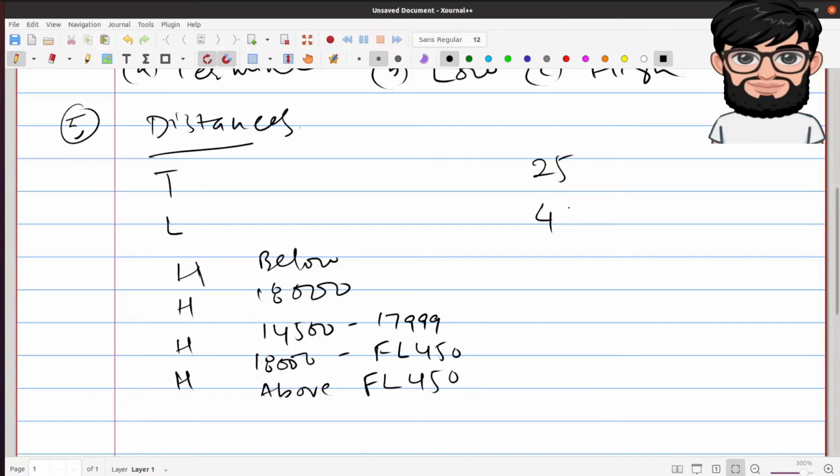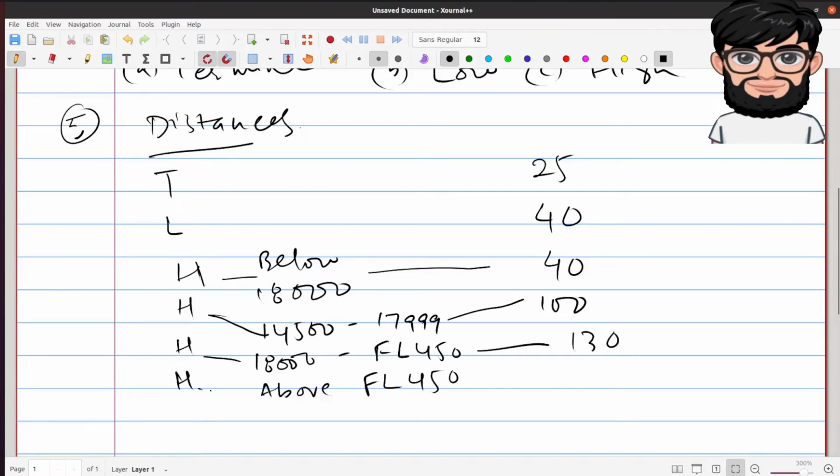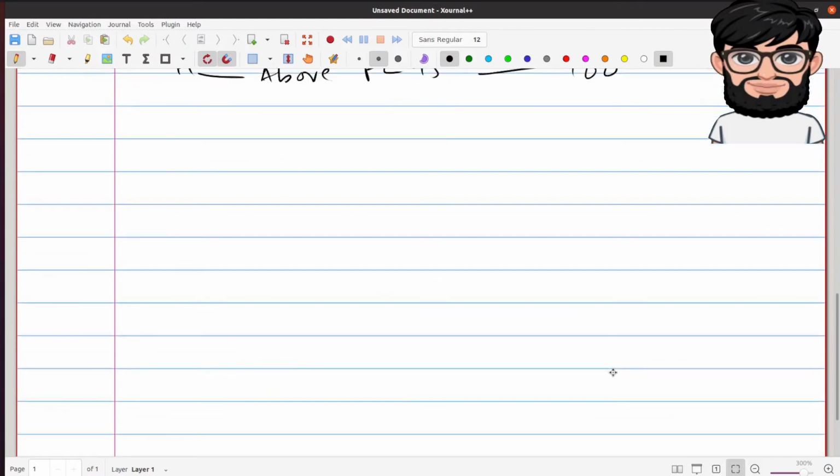The low categorized VORs have reception up to 40, for the high and 100 for that, and then we have 130, and then we have 100 nautical miles. That's the reception of these VORs.